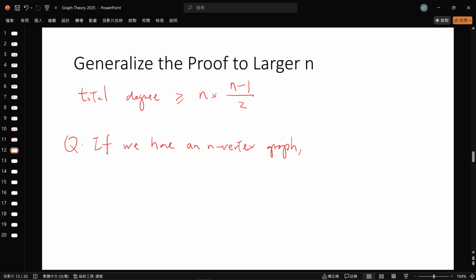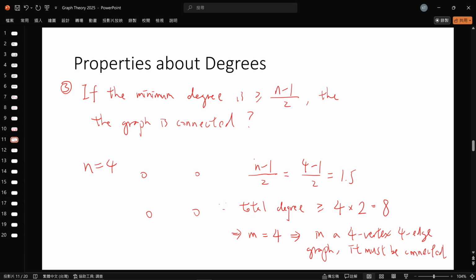Say for this example, if you tell me that we have 4 edges, then no matter how you place these 4 edges in the graph, it must be connected. Now we need a similar argument, but for more vertices. So instead of 4, we consider m vertices. What is the smallest number of edges you need to guarantee the connectivity of the graph?